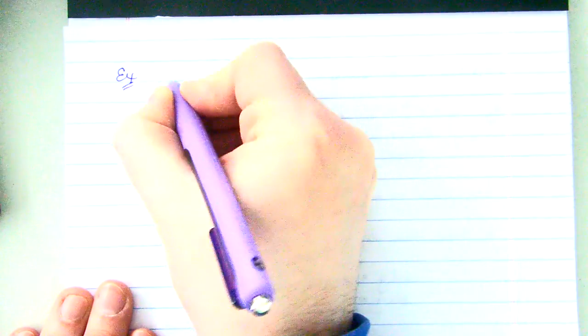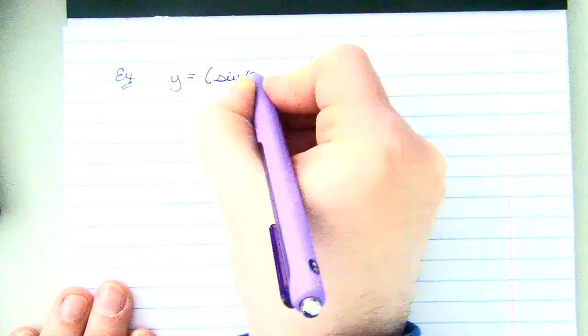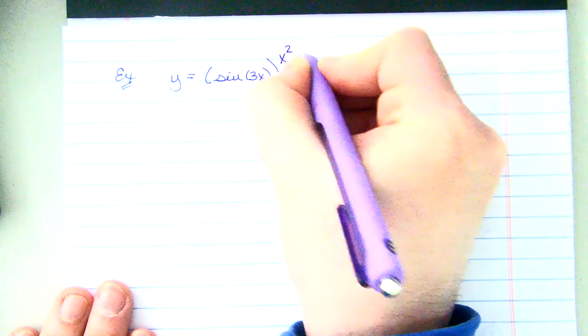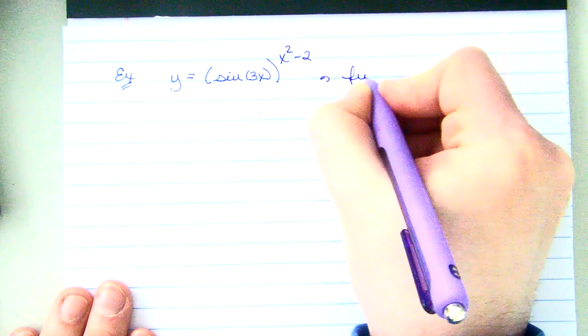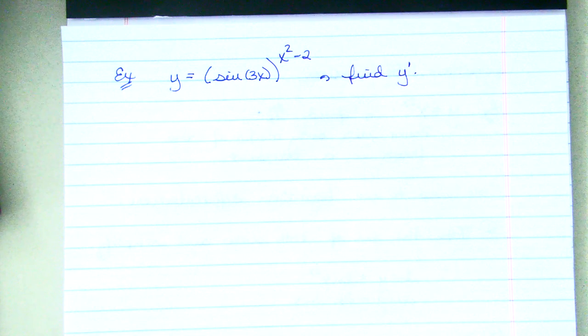at this one. Let's do y equals the sine of 3x, raised to the x squared minus 2. We want to find the derivative. Y equals sine 3x, that thing to the x squared minus 2.